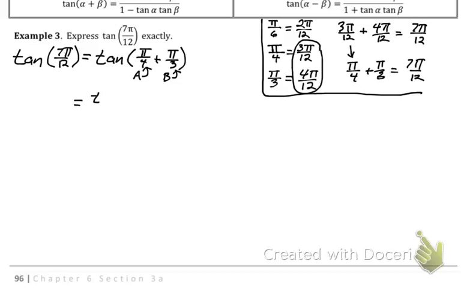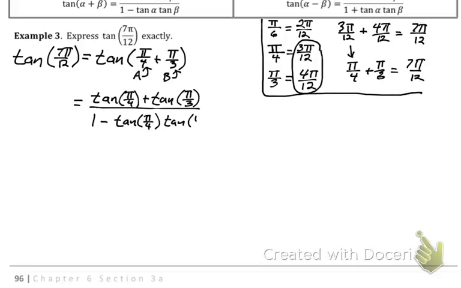So we're going to have tangent of our first term, which is pi over 4, plus tangent of our second term, which is pi over 3, all over 1 minus tangent of our first angle, which is pi over 4, times our second angle, which is pi over 3.